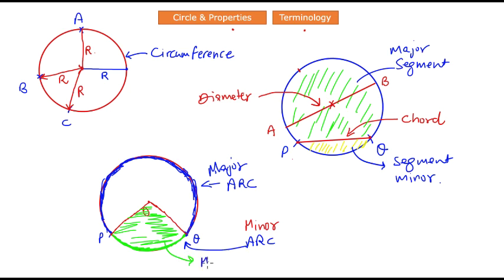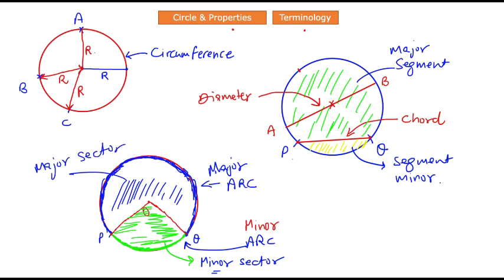So this area is called a sector, and just because it is smaller in size compared to the other, which is on the longer side of the arc, this area is called the minor sector. And the area which is of course in the blue shading is called a major sector.